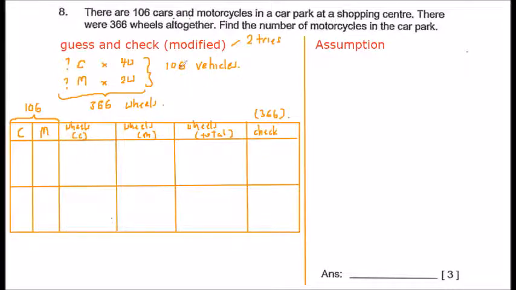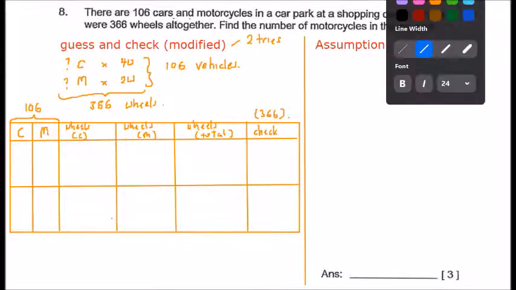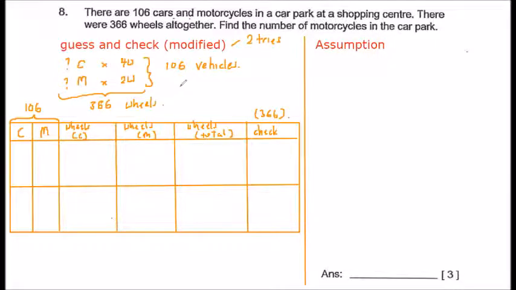So let's just divide this into two roughly. 106 is about 100, so maybe I can just start off with 50 cars and 56 motorcycles. This will work. But if you want to really divide it into two, you also can. Either way it works. But I will show you what happens if you really divide it into two.